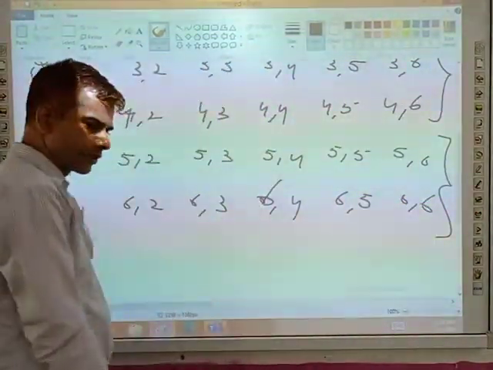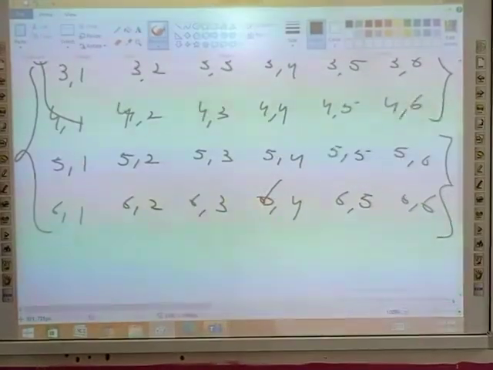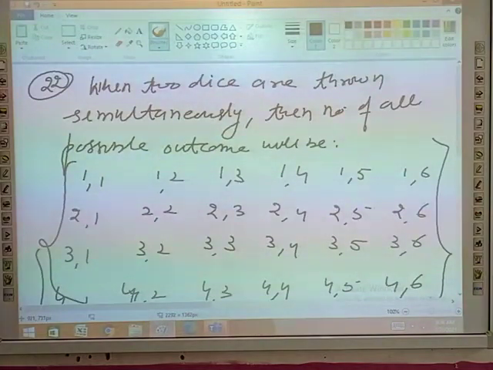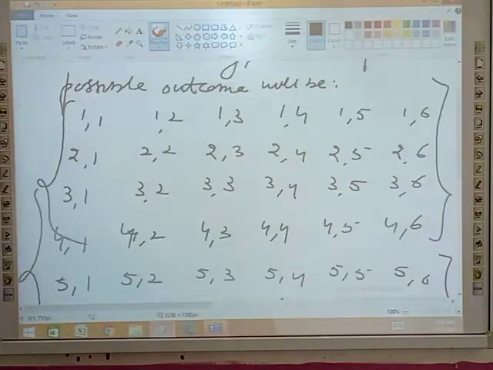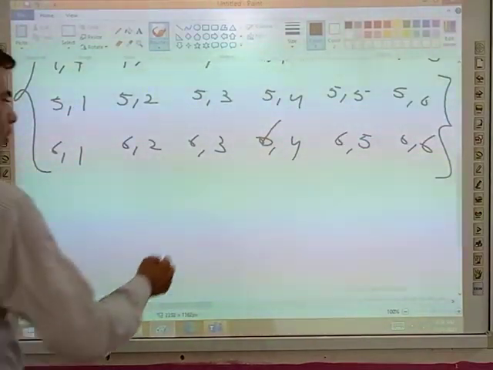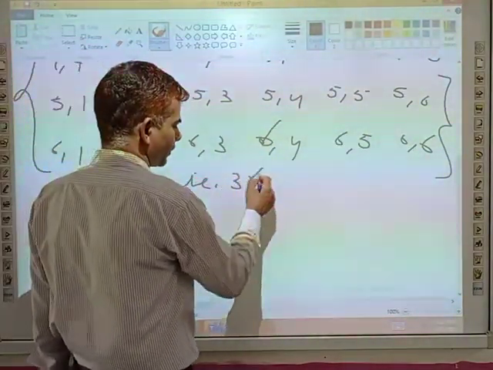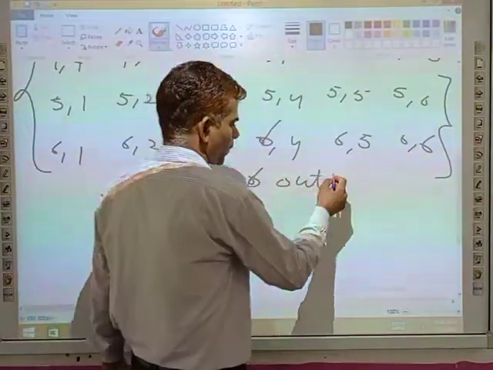Now come to the questions. The sum on 2 dice will be 2. Which case gives a sum of 2? The total number of outcomes is 36.